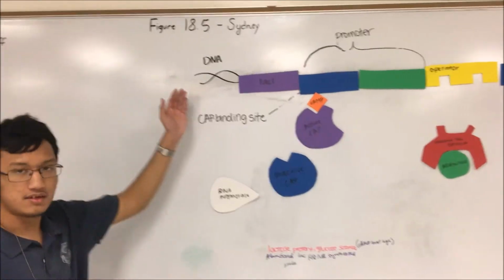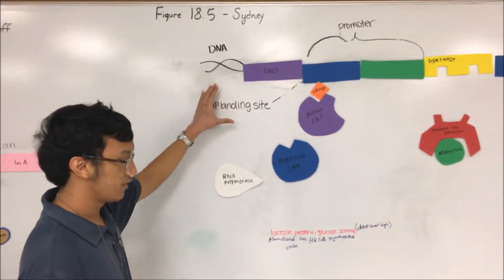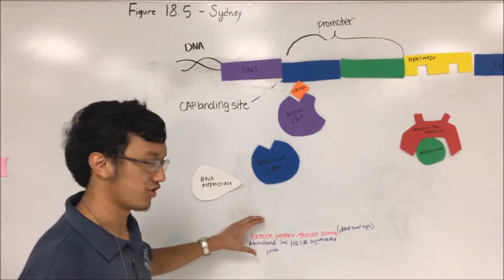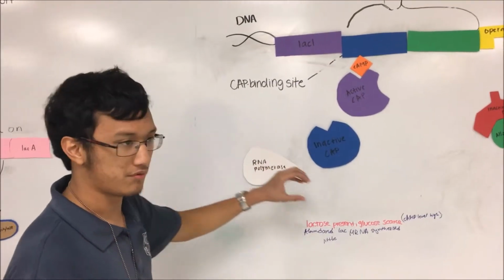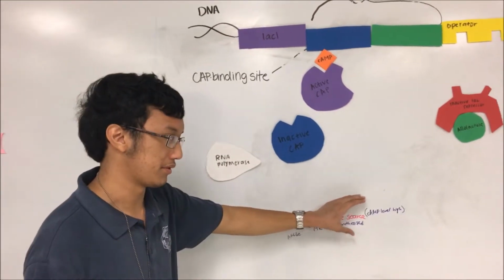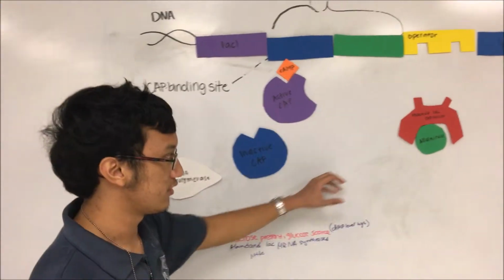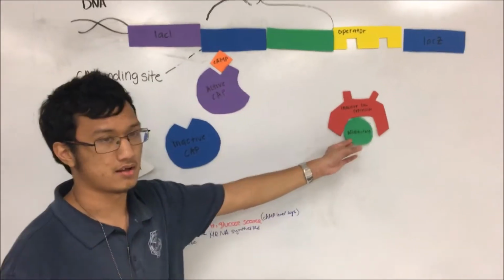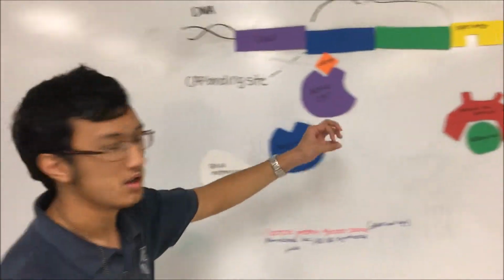So here in figure 18.5, we have the lac operon DNA. Assuming that lactose is always present in this example, we will first talk about when glucose is scarce and cAMP level is high. Because lactose is present, allolactose has bound to the lac repressor, forcing it to become inactive.